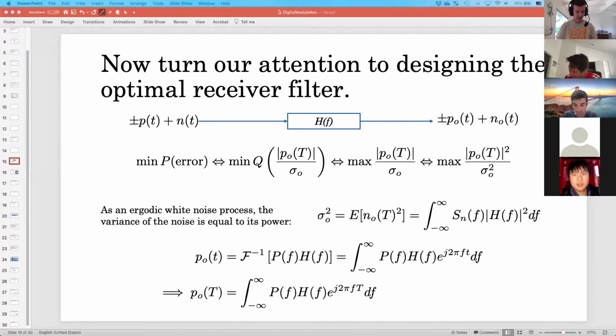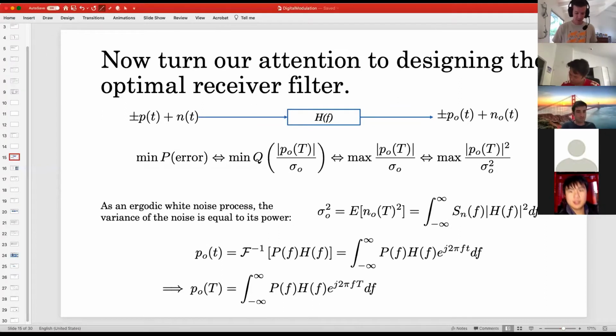Okay, so I am going to start from slide number 15 in the new slide set. To set the stage, or to refresh our memories, last time we went through the exercise of deciding what kind of threshold we should use to have the smallest probability of error when decoding a bit that came through a binary polar signaling scheme.